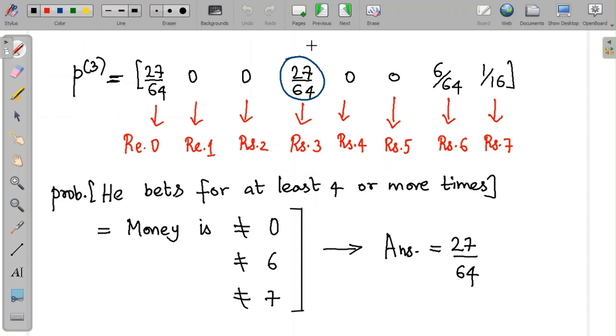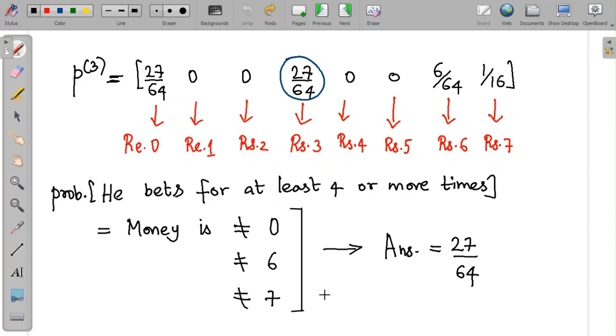So every probability corresponds to a sum of money that he has. So he has 0 rupees with a chance of 27 by 64, 7 rupees with a chance of 1 by 16, 6 rupees with a chance of 6 by 64. If he has to continue for the fourth bet and beyond that, he must not have 0 rupees, or 6 rupees, or 7 rupees.